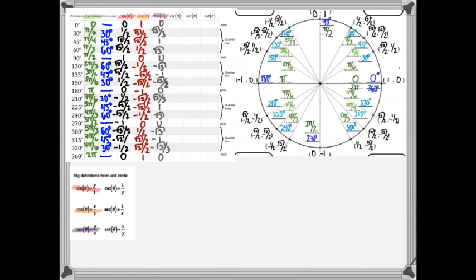Okay, and so what we're going to do next is I'm going to introduce how to deal with the reciprocal functions. The reciprocal function for sine is cosecant. So that means we take what it equals, which is y over 1, and change it to 1 over y.